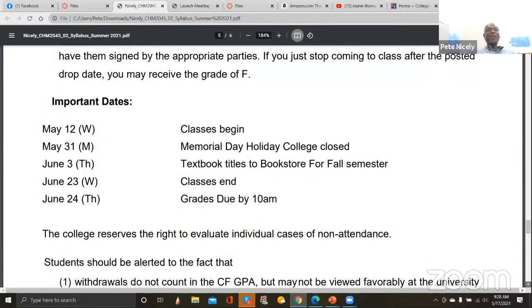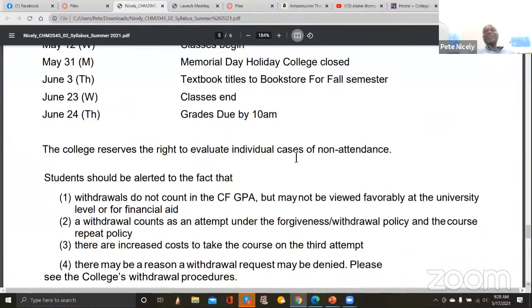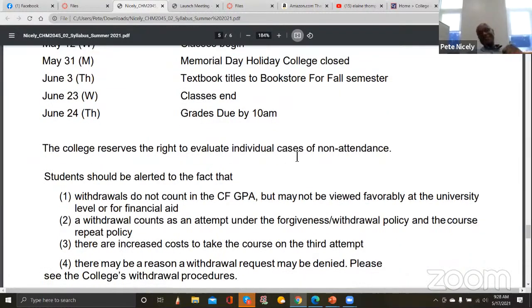All right. The college reserves the right to evaluate individual cases of non-attendance. The students should be alerted to the fact that 1, withdrawals do not count in the GPA and may not be viewed favorably at the university level or for financial aid. 2, a withdrawal counts as an attempt under the forgiveness/withdrawal policy and the course repeat policy.